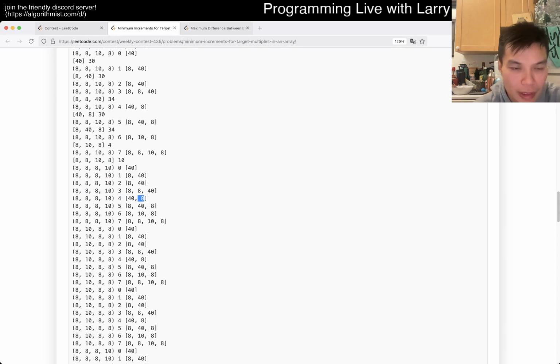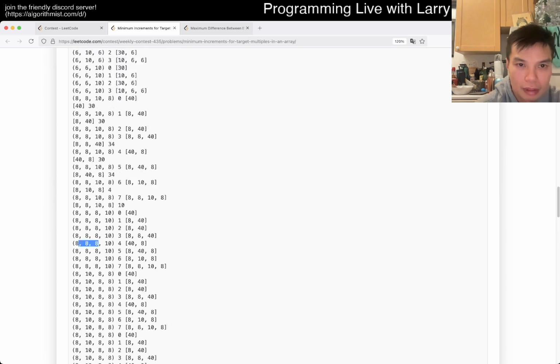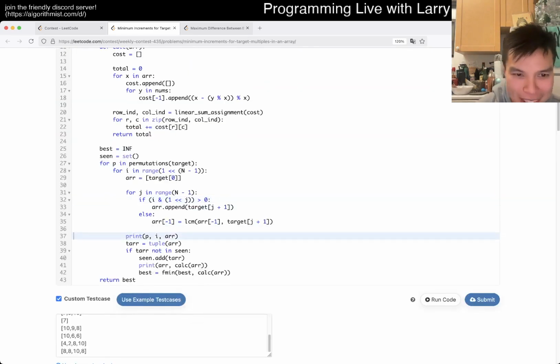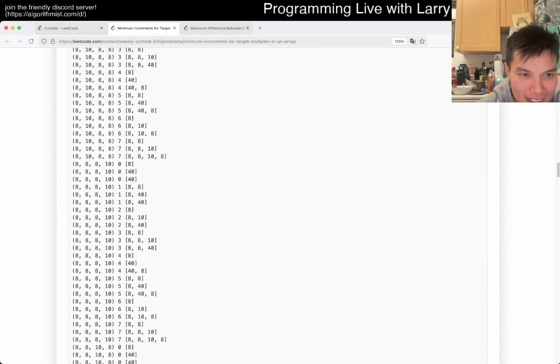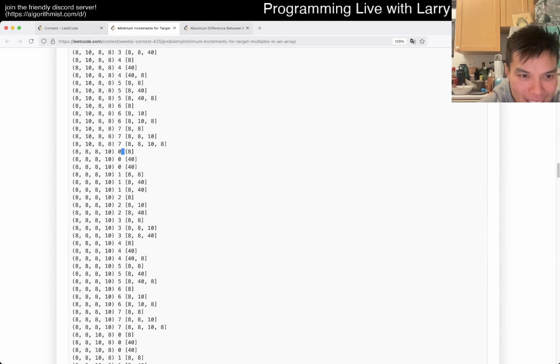How can there be an 8 afterwards? 4 is just 0, 0, 1, right? Why am I debugging this? Larry, how are you so bad at this? Okay, so 8, 2 8s.